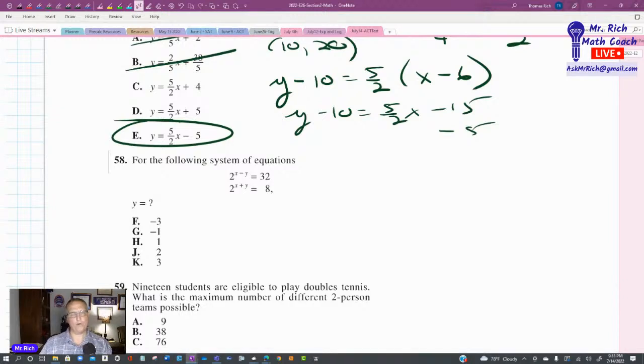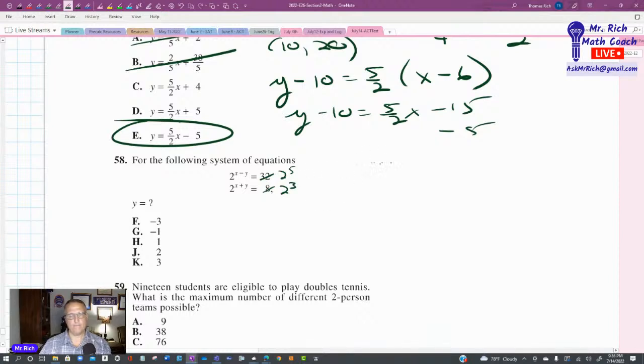58. For the following system of equations, what is Y equal to? Okay, what am I going to do here? A couple of ways to do this. I'm going to call this 2 to the 5th, and this 2 to the 3rd.